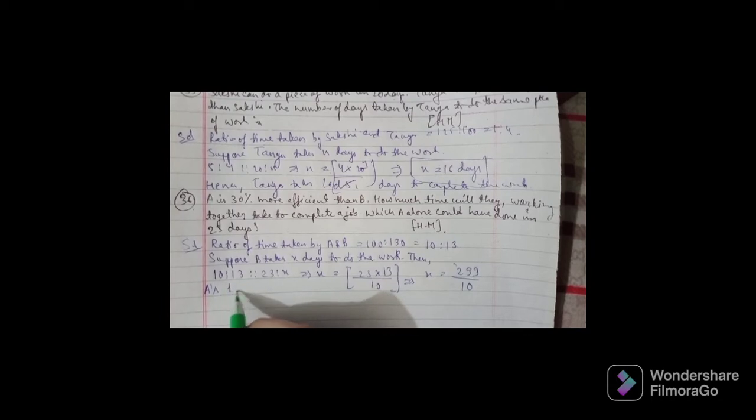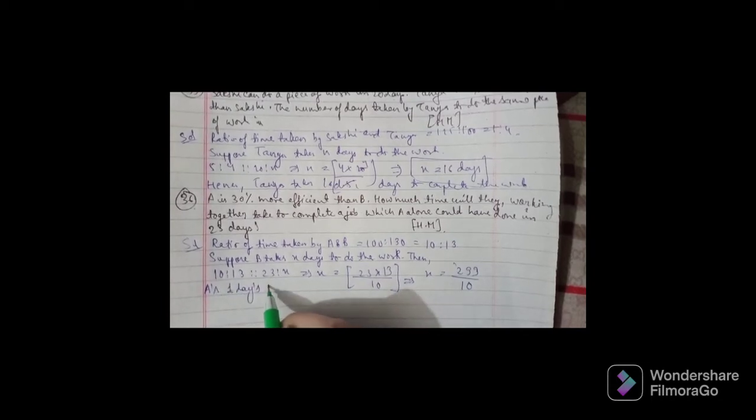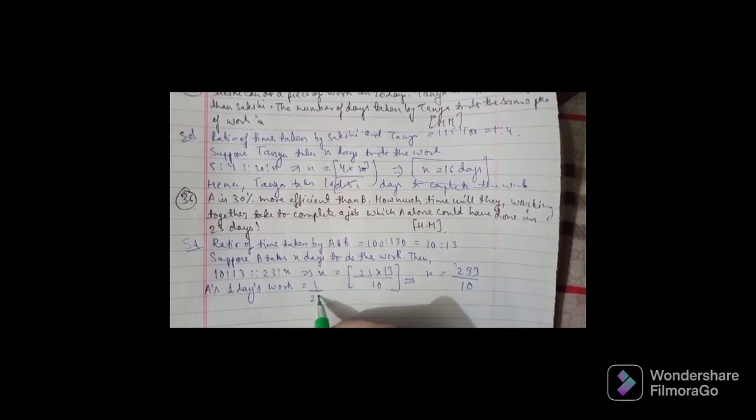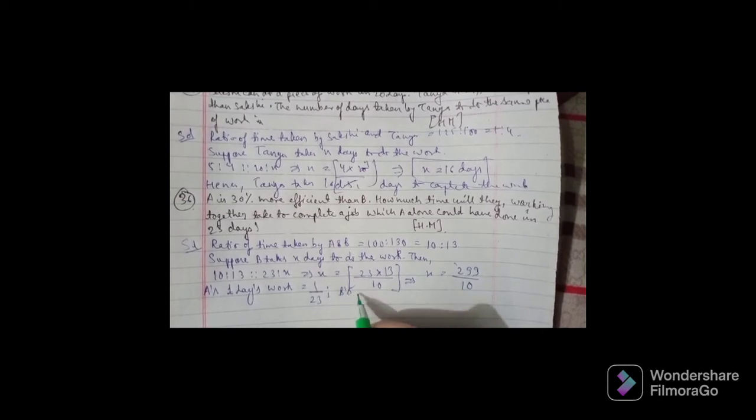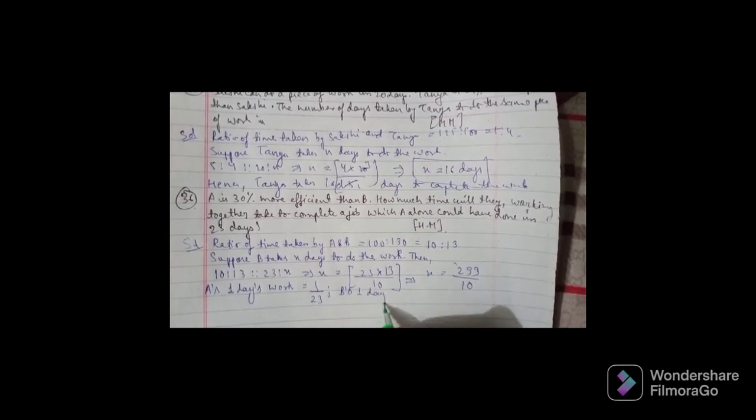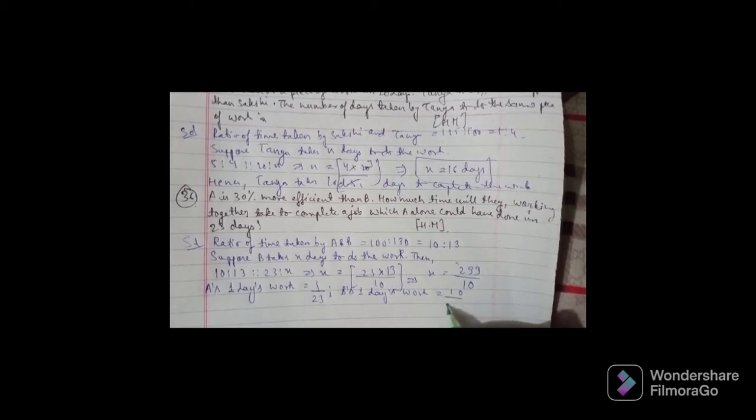A's 1 day's work equals 1 upon 23. B's 1 day's work equals 10 upon 299.